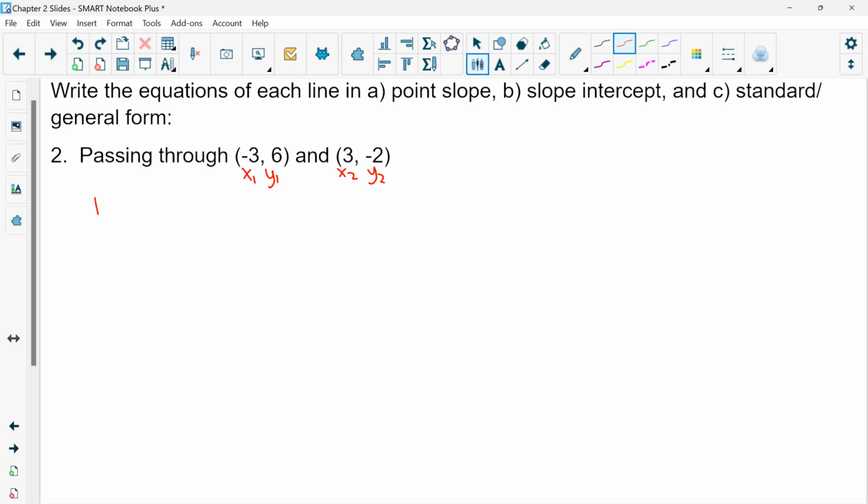Start off doing point slope. Our first thing we're going to do is find our slope. So y2, -2 minus 6, which is y1, over 3 minus a -3. So that would give us -8. Double negatives make positive, -8 over 6. We reduce that to -4/3.